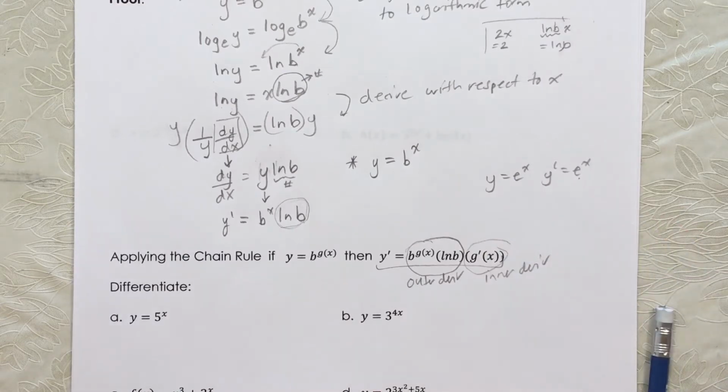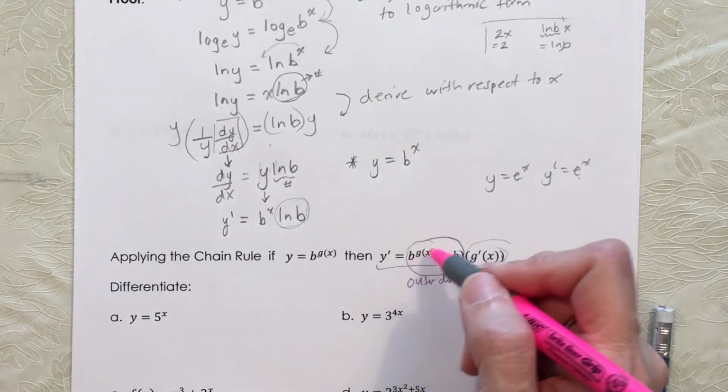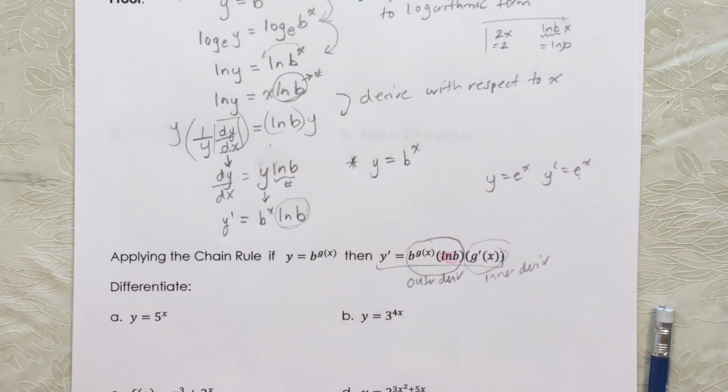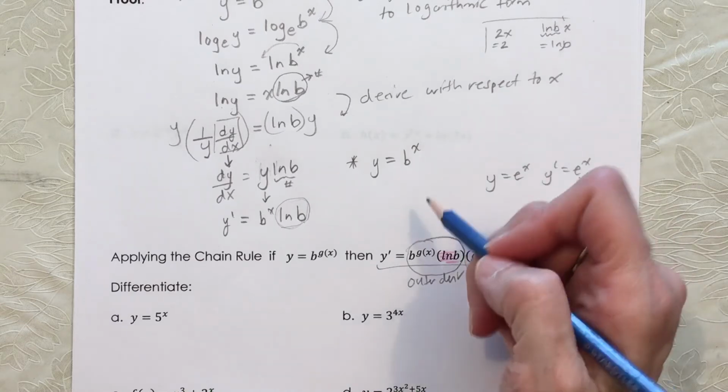You have to remember that you repeat the exponential function, but then you have to multiply it by the ln of the base, and then times the derivative of the exponent, or your inner derivative. So this is the chain rule.